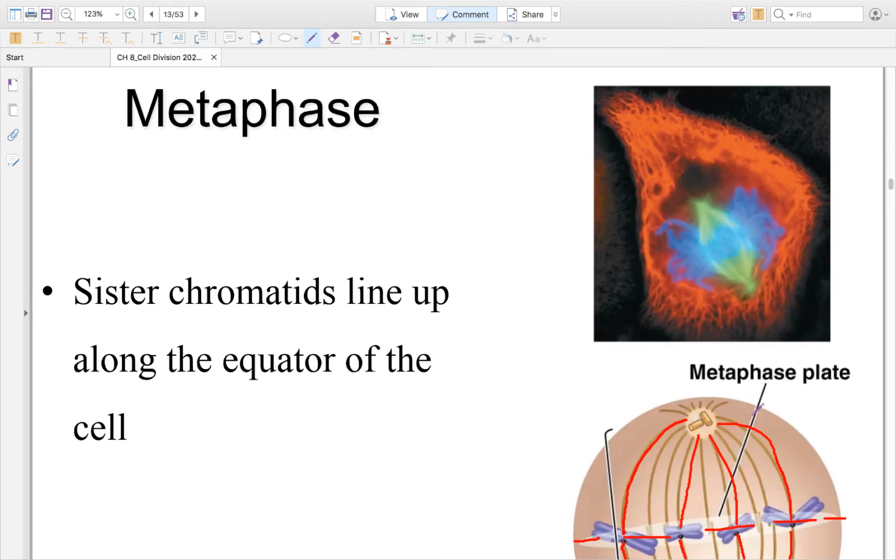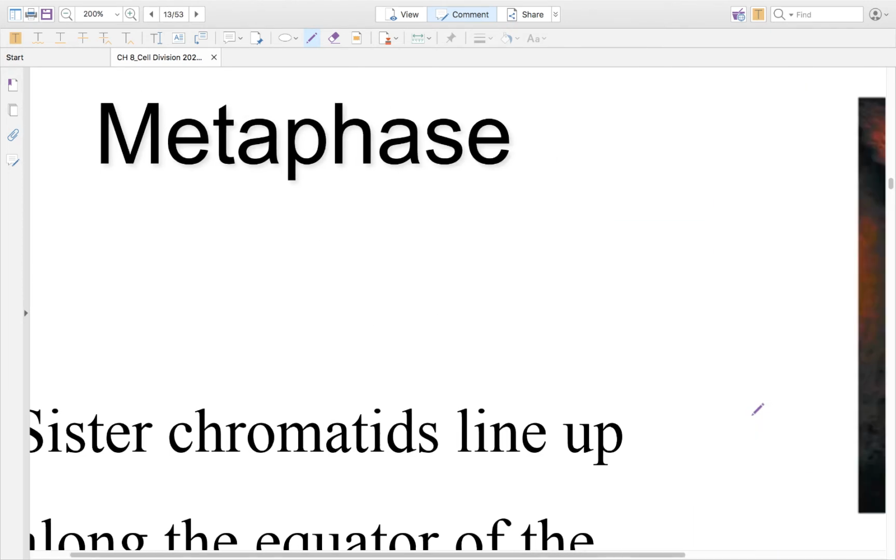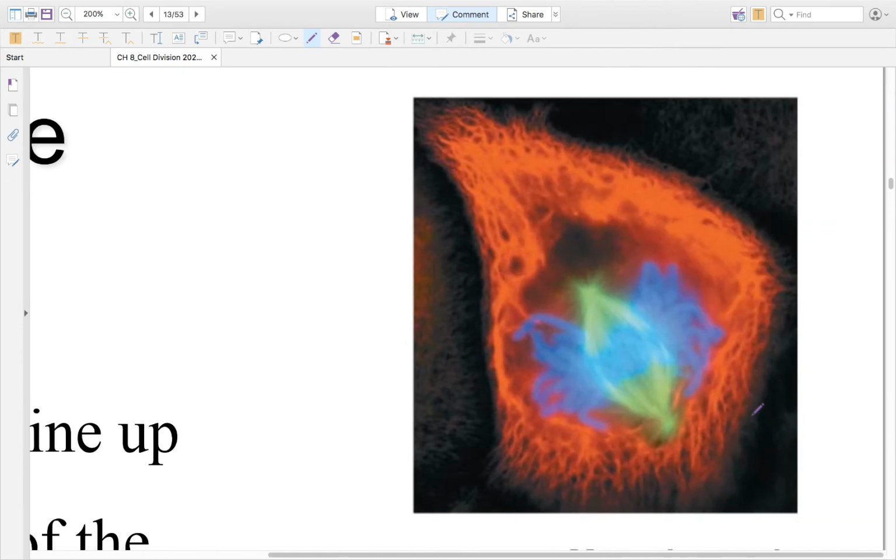That's where they are. Now, if we look at this picture, which is actually a great picture, you can see all the chromosomes right there aligned at the equator. And then this is one centriole.